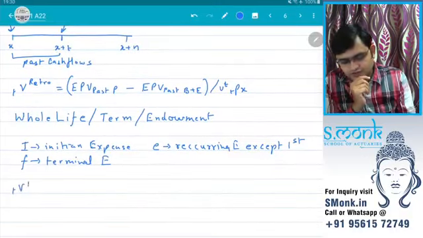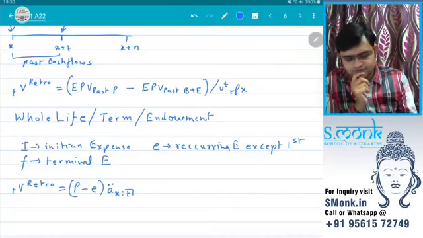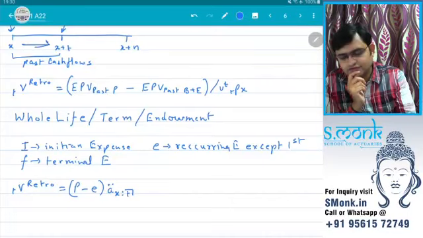So TV retrospective formula will just be P minus E ä due X for T years, because again we are taking only cash flows from here to here.